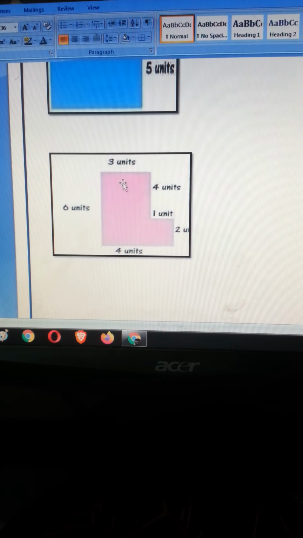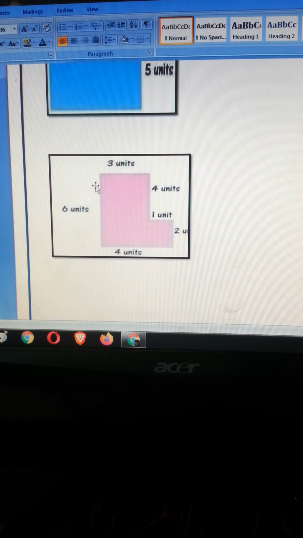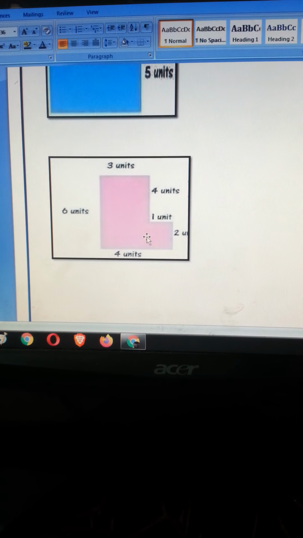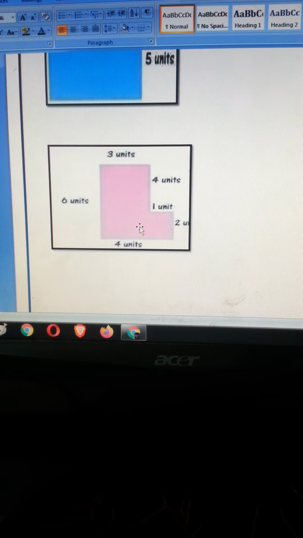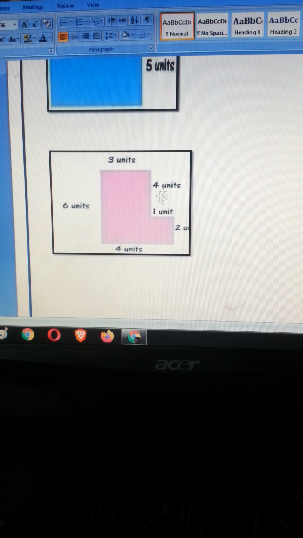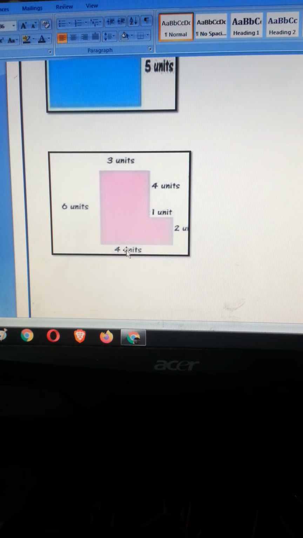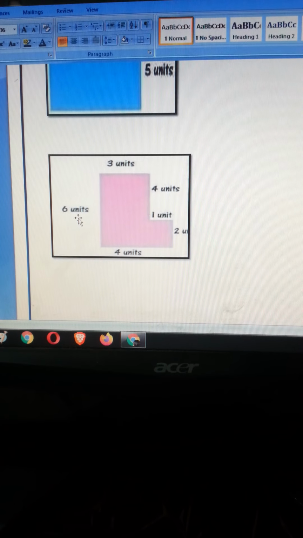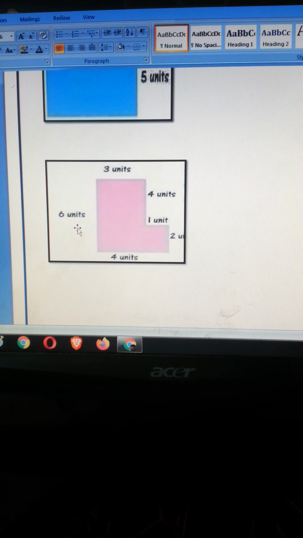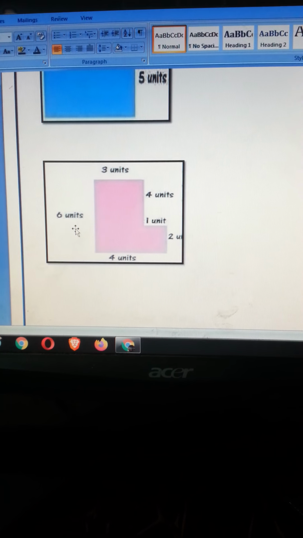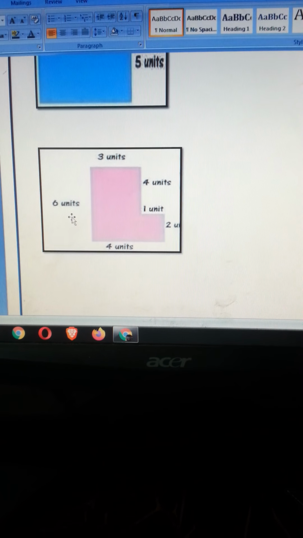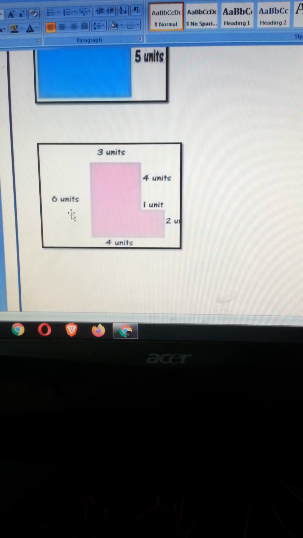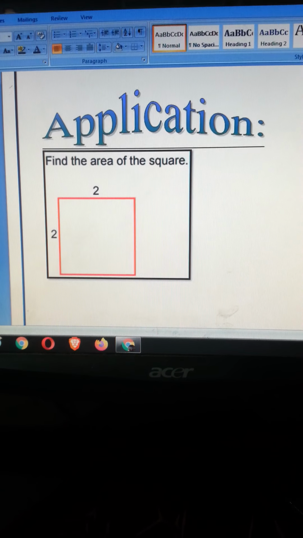We are just going to add all the outer numbers which are given to us, and by doing so we will get the perimeter of our figure. So it will be 3 plus 4 plus 1 plus 2 plus 4 plus 6. I'm just giving you a short explanation orally right now, and now I'm going to do the application for it, so that you can understand it easily and more conveniently.